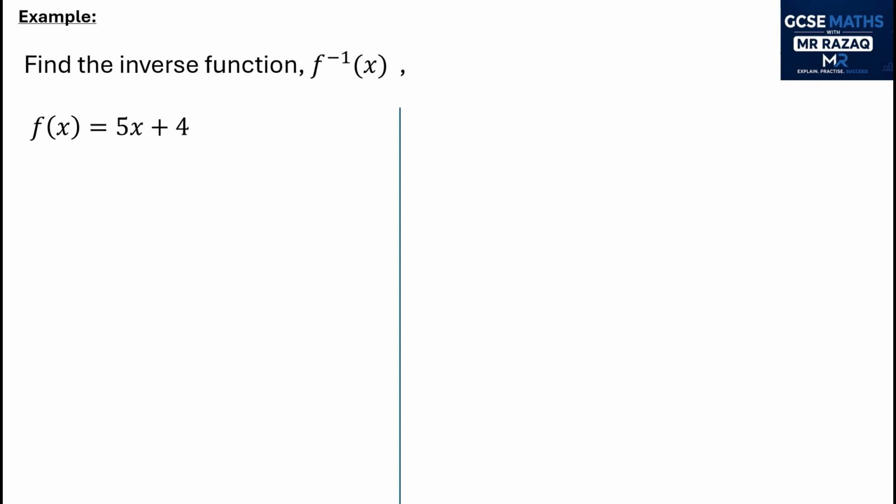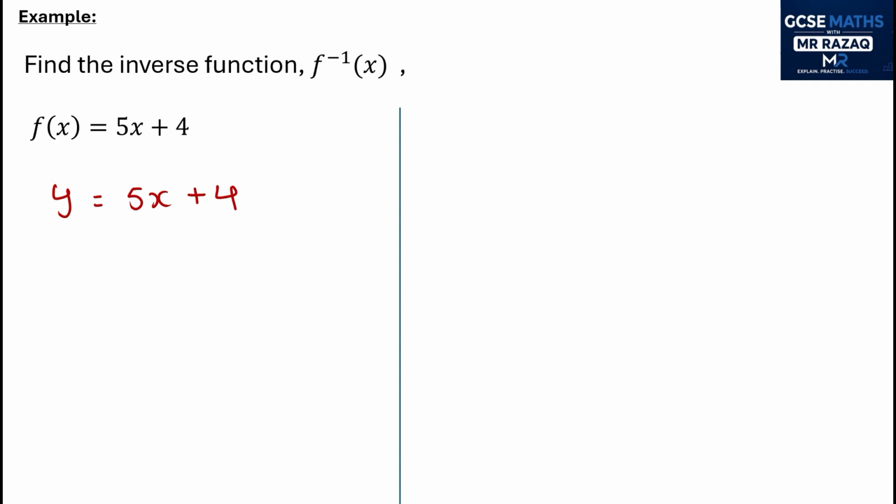Here's an example. If my function f of x is equal to 5x plus 4, and I have been asked to work out the inverse function, the first thing I will do is, instead of writing f of x, I'm going to write down y is equal to 5x plus 4.